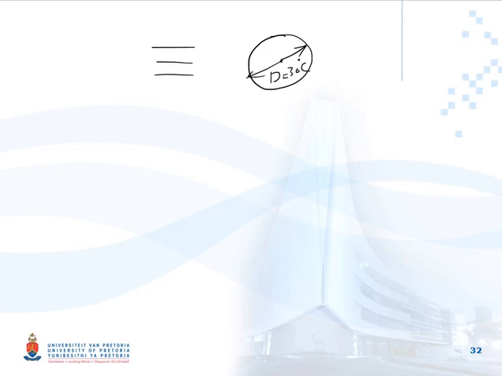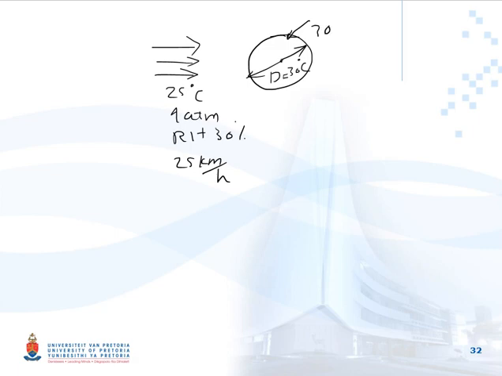We have air flowing through it at 25 degrees, 1 atmosphere, relative humidity of 30%, and with a speed of 25 kilometers per hour. If it's wet, it's 30 degrees on this side, and we need to find that one.